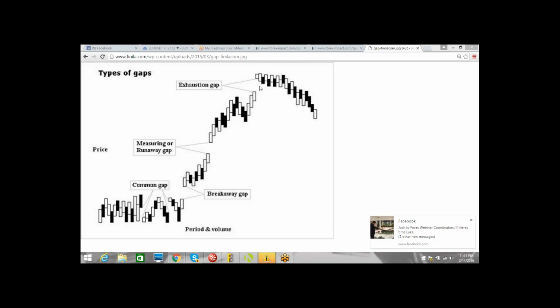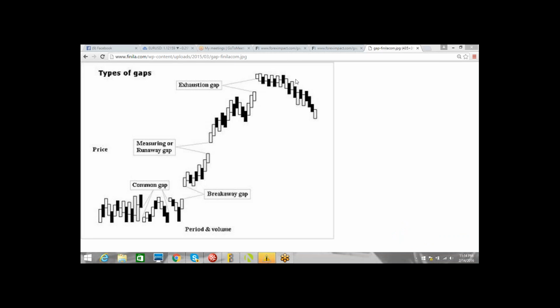Exhaustion gaps. I wanted to add a little bit more about these. It's really hard to notice sometimes, the similarity between an exhaustion gap and a continuation gap is hard to spot. But exhaustion gaps are really going to be at the top of a trend. And what happens with those is the gap is filled within just a few candlesticks, as you see.